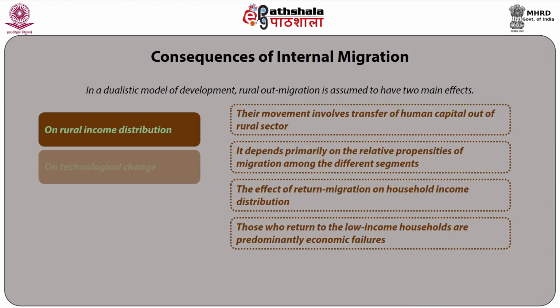Their movement involves transfer of human capital out of the rural sector, which might adversely affect agricultural productivity and incomes and thus encourage more migration. The overall effect is extremely hard to gauge since it will depend on the period over which an assessment is being made and on whether both direct and indirect effects are considered.